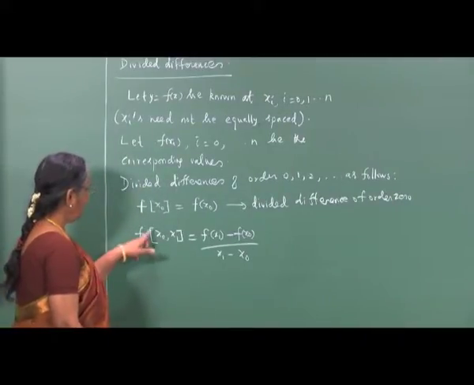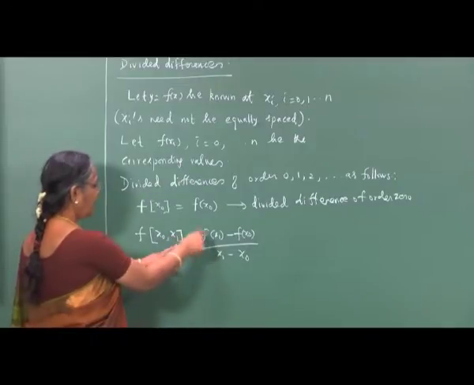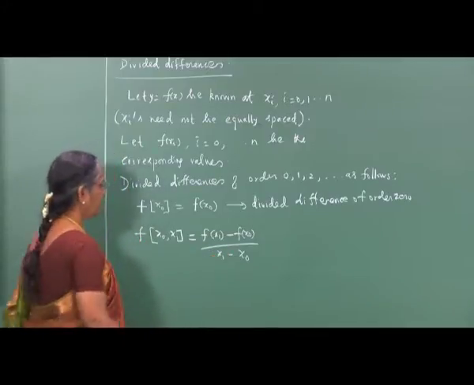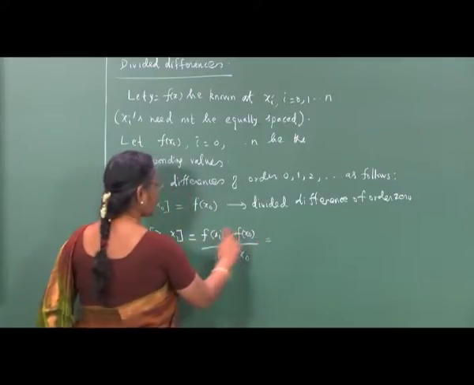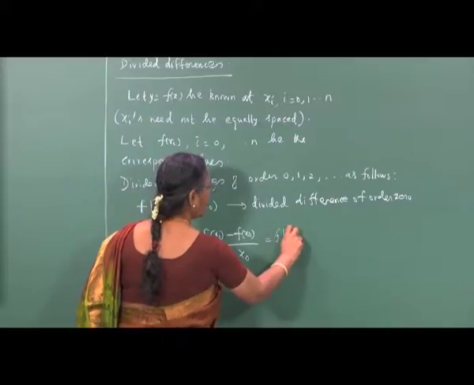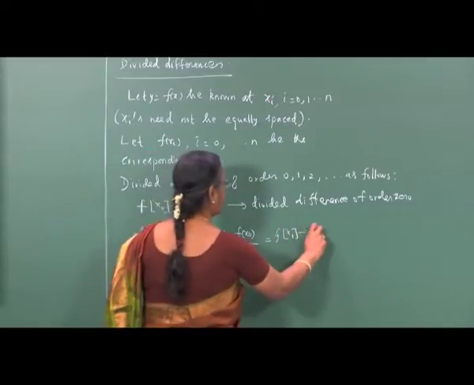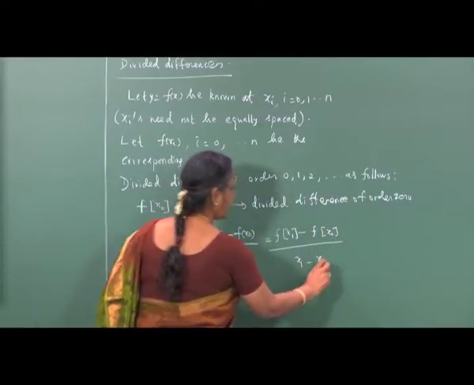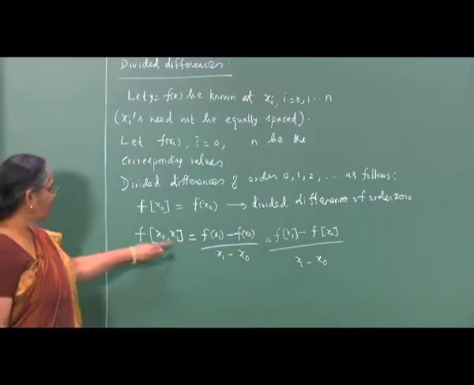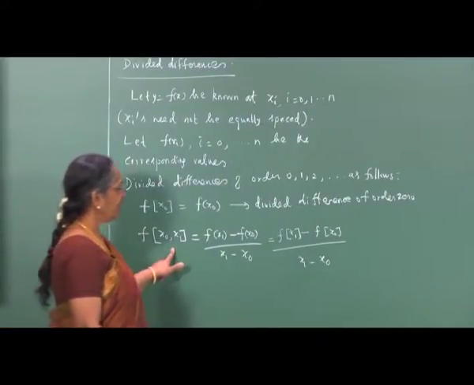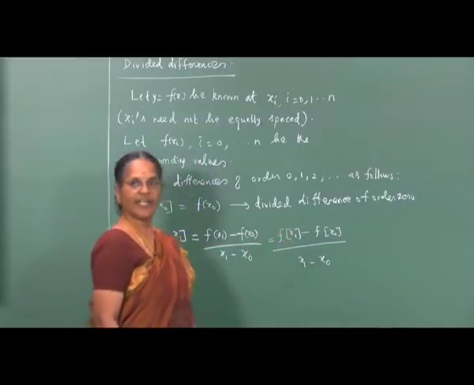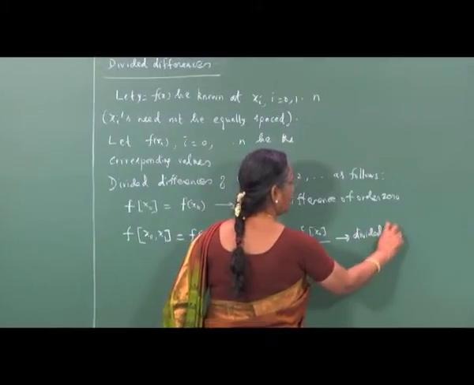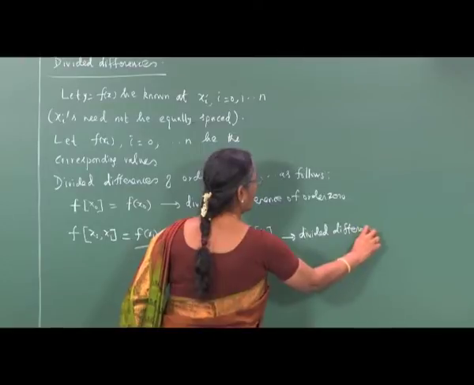But you know that f of x1 is the 0th order divided difference at x1, minus the 0th order divided difference at x naught, by x1 minus x naught. So, the first order divided difference can be given in terms of the 0th order divided differences. So, this is the definition for the divided difference of order 1.